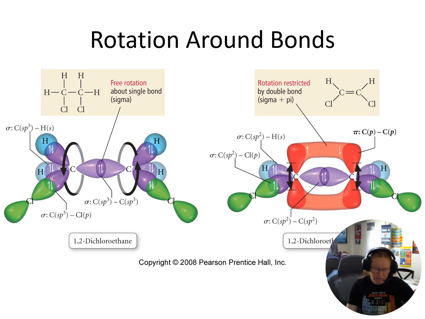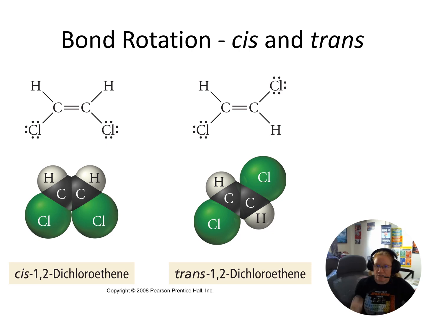And so that gives rise to what we call cis and trans isomers. This would be an example of a cis isomer. This is an example of the one that's shown there.